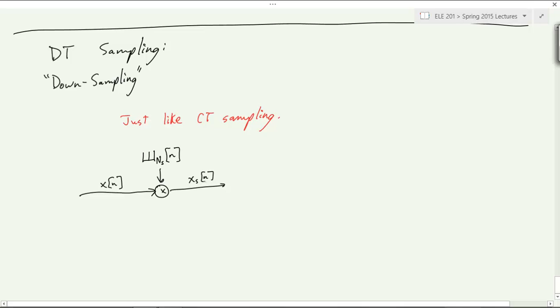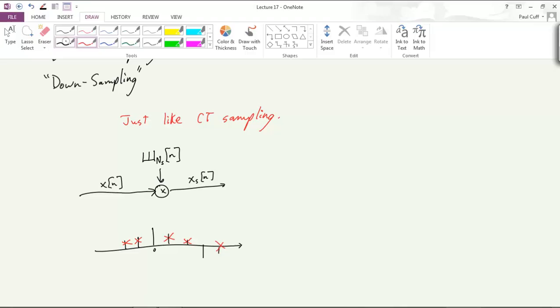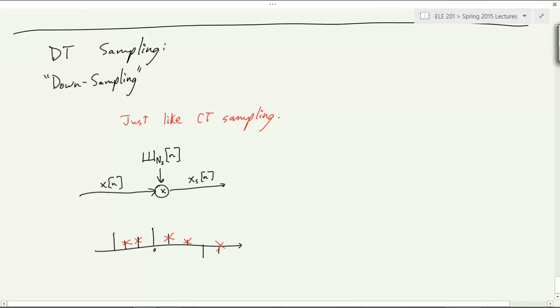Now, there's one more step here. Notice if you do that, you're going to end up with, so here's some samples of some signal, and you keep every third one, let's say. So you eliminate the ones in between with your multiplication there. And you end up with zeros everywhere else: 0, 0, 0, 0.